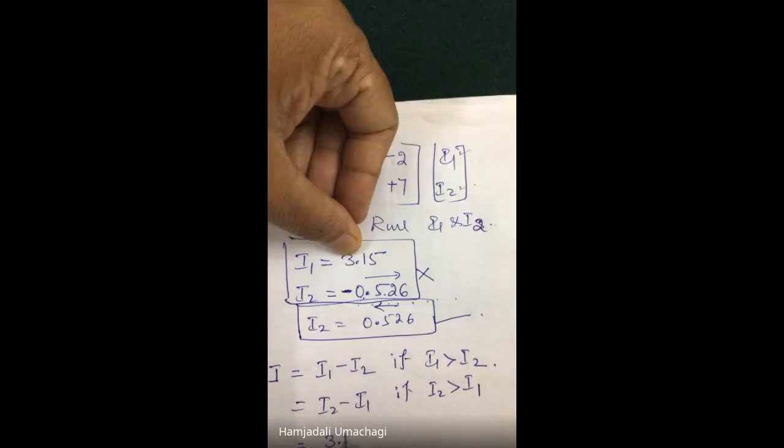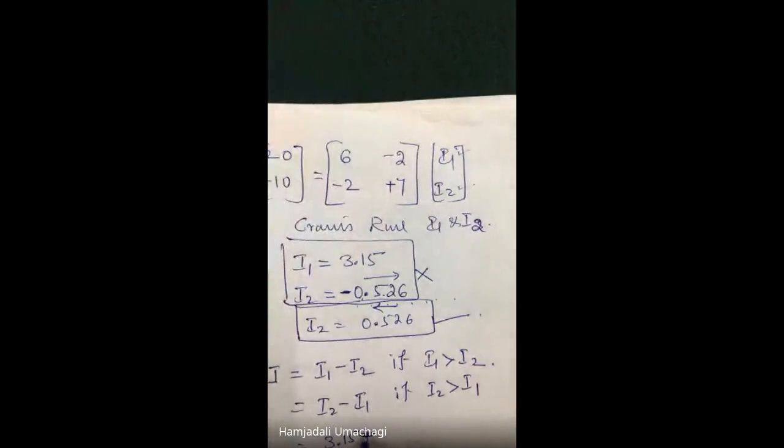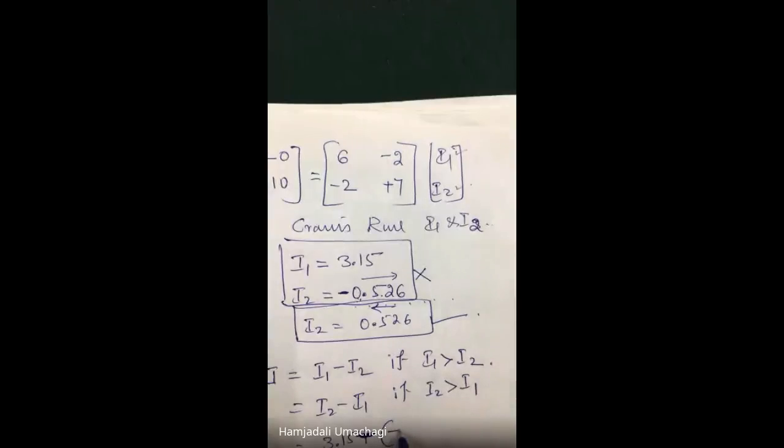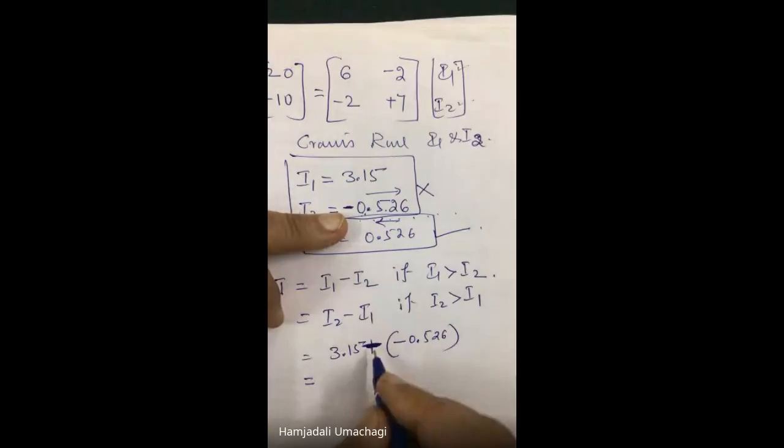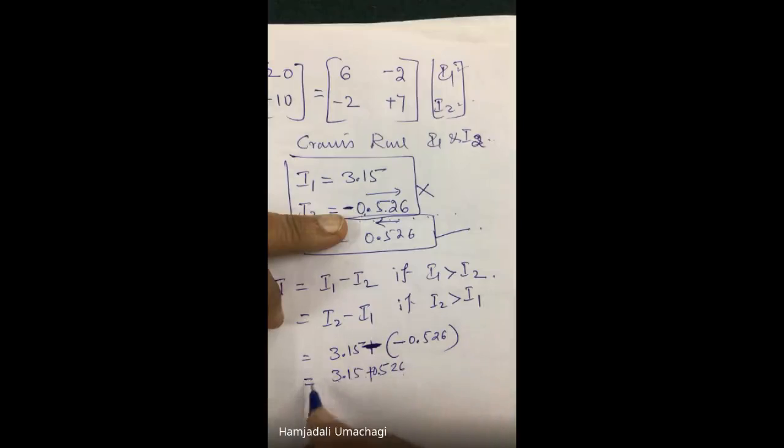So 3.15 minus of minus 0.526. What is the answer? Minus into minus is plus, so 3.15 plus 0.526. It will be 3.678 ampere, the current through the 2 ohm resistance.